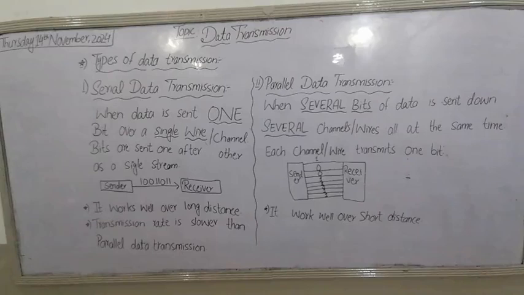But as you can see in your book, if you have to connect your printer with your computer, serial data transmission is used, because we have to use one wire or channel. For example, when connecting a computer to a printer via USB connection, as shown in the figure.